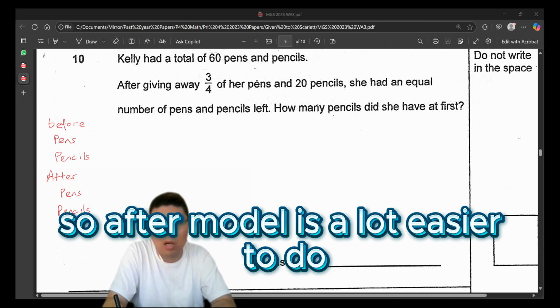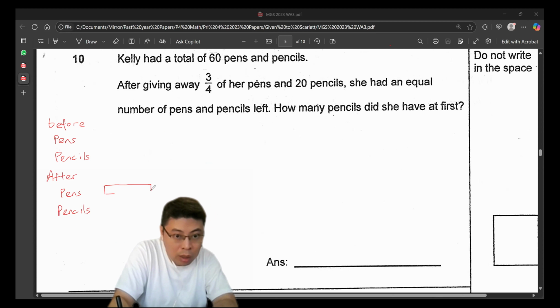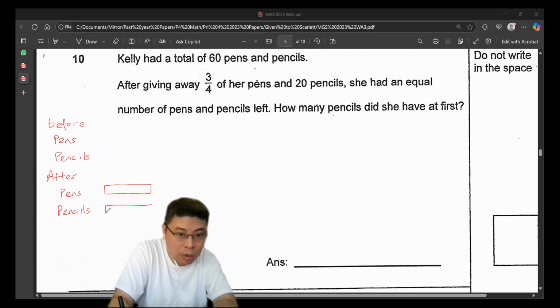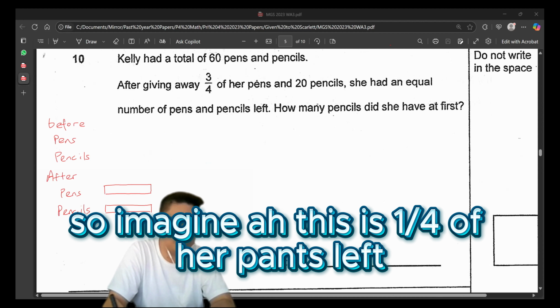The after model is a lot easier to do, simply because there is an equal number of pens and pencils left. Equal pens and pencils left, meaning I just need to draw the same length would do. But she gave away 3/4 of her pens. So imagine this is 1/4 of her pens left.